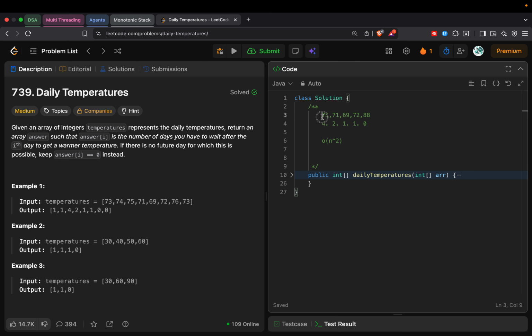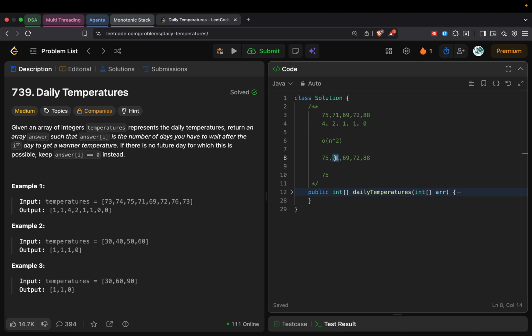Okay, let's simply take all these temperatures. I'm standing at 75, right? That means I'm still not aware of how many days I have to wait for the warmer temperature, so I will just keep it aside, saying that for this particular day I need to determine its warmer temperature. Now I am at 71.